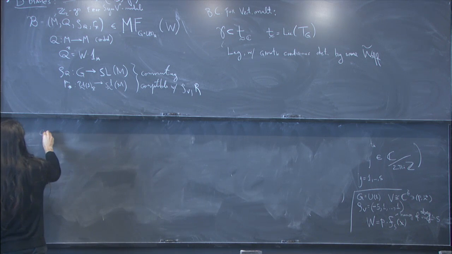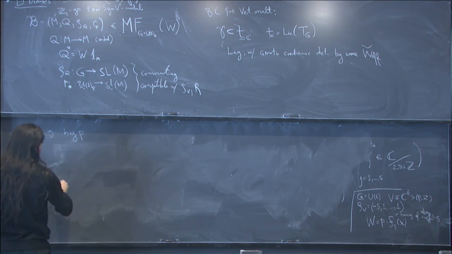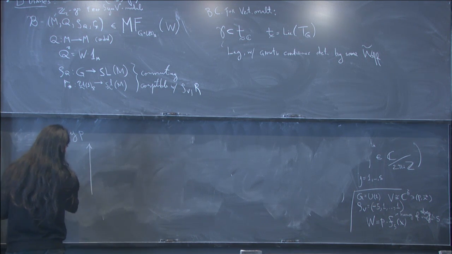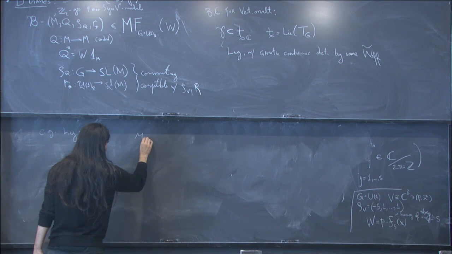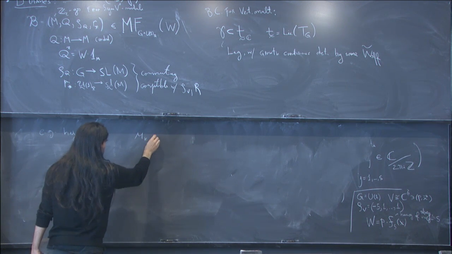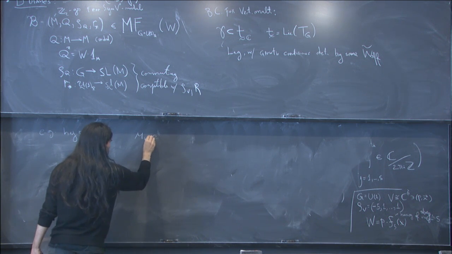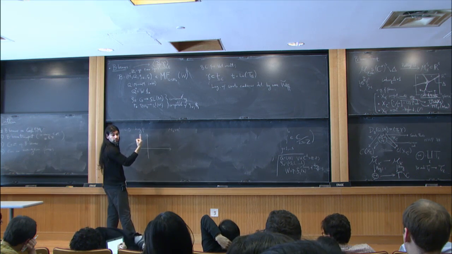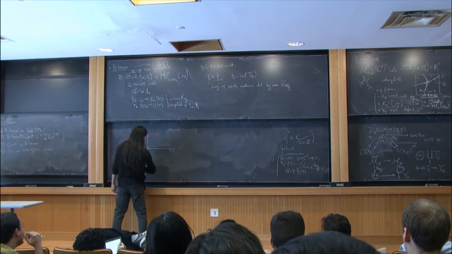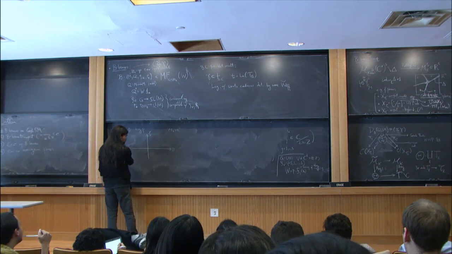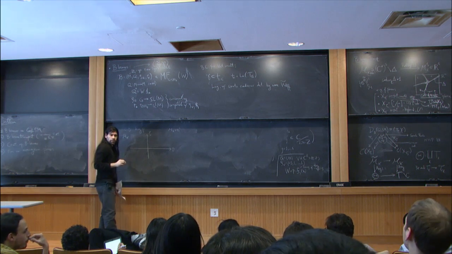So for example, for the hypersurface, let me denote MK. So MK is spanned by this e to the t. There's only one t, because there's just one U1. Let me write here theta and here zeta. Now this is a universal cover.